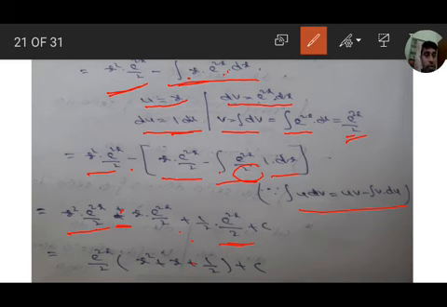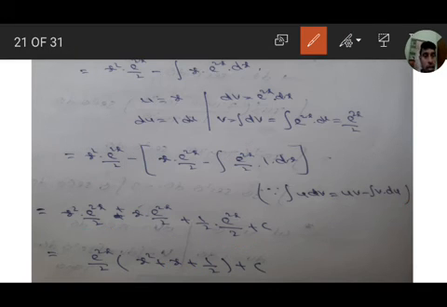So e to the power of 2x by 2 is common, and we get e to the power of 2x by 2 into x square minus x plus 1 by 2. Here it is minus, not plus. And here also minus, not plus. x square minus x plus 1 by 2.